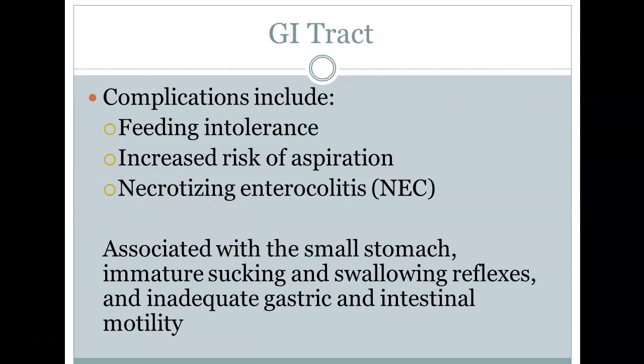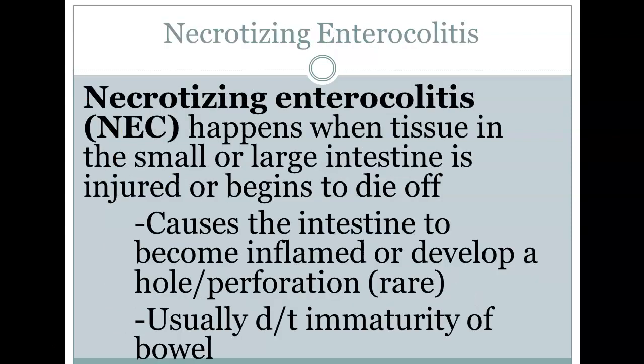When we talk about complications that can occur in the gastrointestinal tract, we're talking about things like feeding intolerance, increased risk of aspiration, and a condition called necrotizing enterocolitis, or NEC. These are all complications that can occur because of the small stomach, the immature sucking and swallowing reflexes, and the inadequate gastric and intestinal motility of the preterm infant.